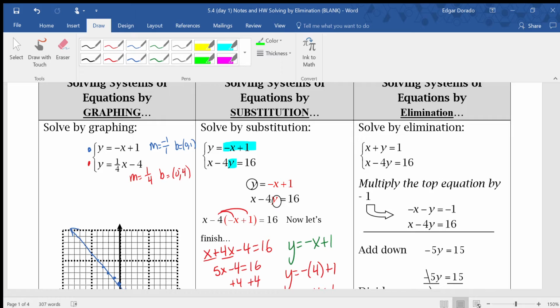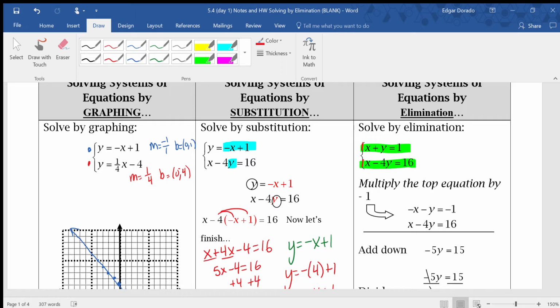By looking at both of those equations, let's look at both of our x's and then both of our y's. The x's are exactly the same. What coefficient would be in front of the x? In this one there would be a 1, and in this one there would be a 1.